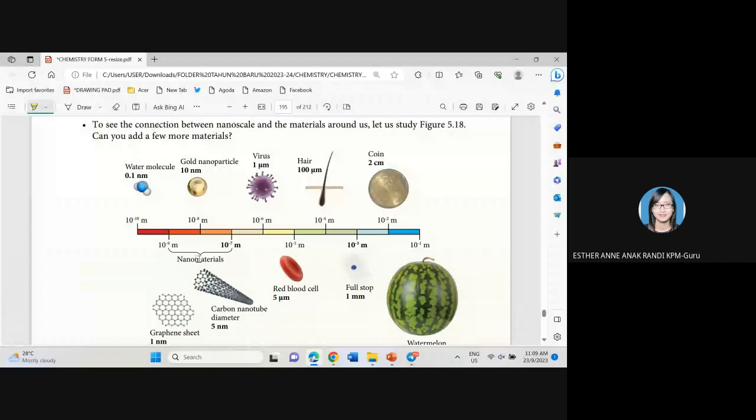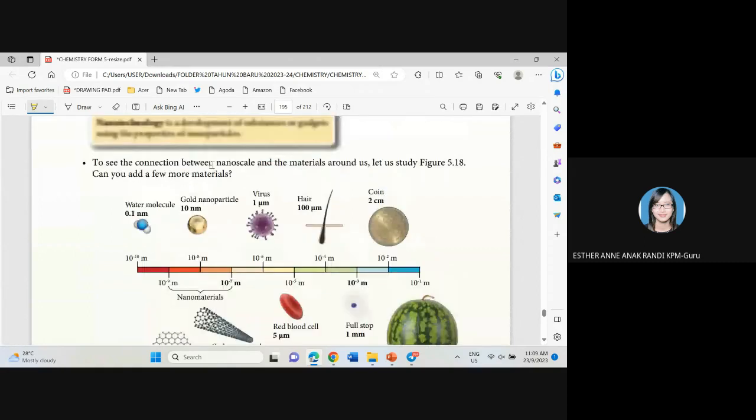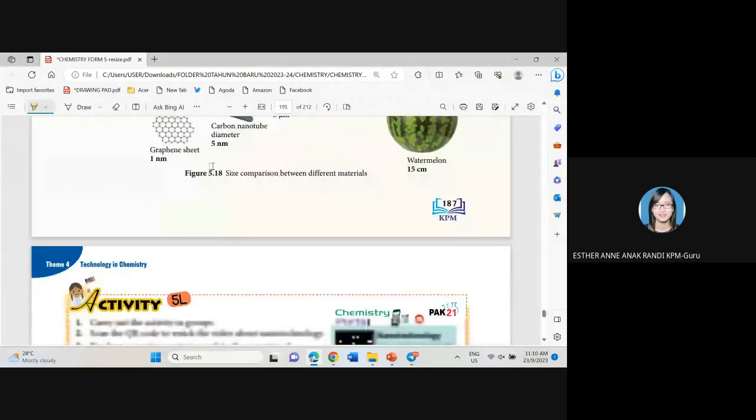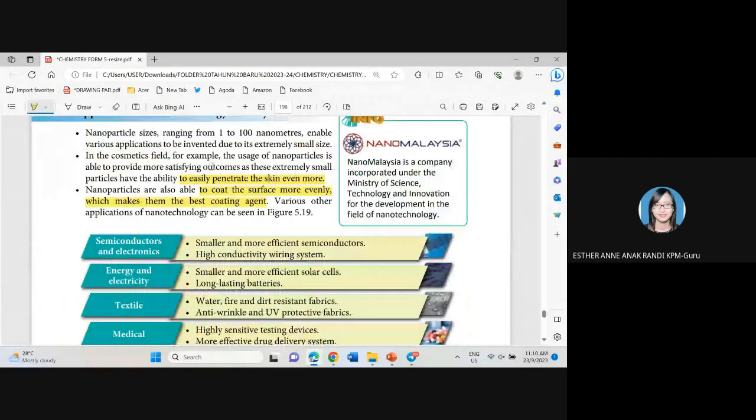So example of nanoparticle is a gold nanoparticle, carbon, or cosmetic using nanoparticles. But why? Why do we use nanoparticles actually? Now, can you guess why? Now, these nanoparticles are super, super small, very small. And when they are small, okay, they have the ability to penetrate the skin. Size dia sangat kecil dan dia dapat masuk ke dalam kulit kita. Dapat meresap ke dalam kulit. That one is for cosmetic uses.